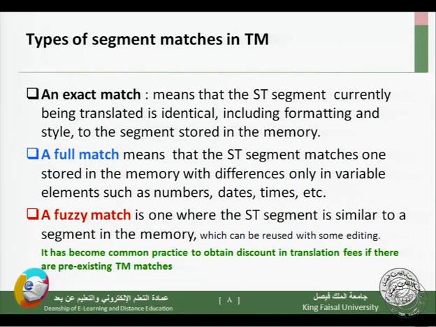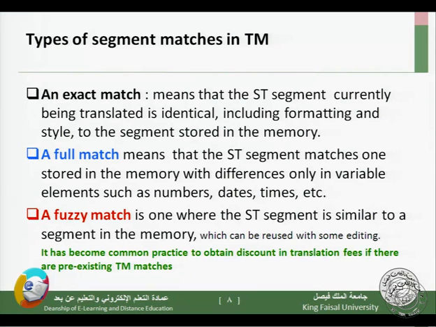If it has some differences in certain elements, such as numbers, dates, times, and so on, then you cannot say it is an exact match. It is called a full match because there are differences in numbers, in dates, and so on. So this is the second type of match. It is called full match.